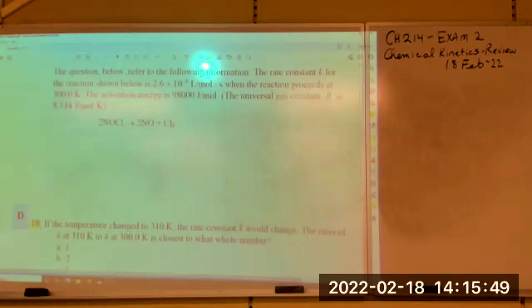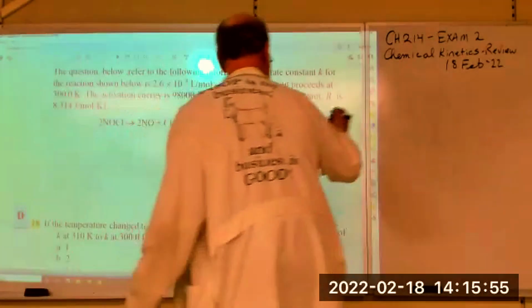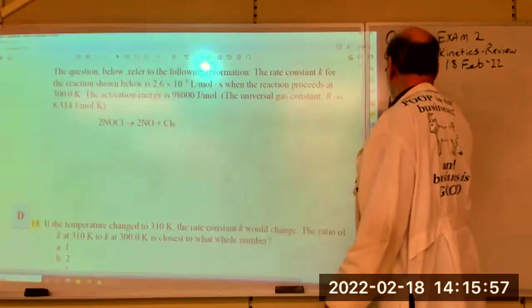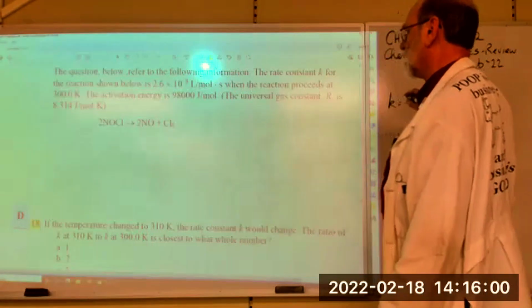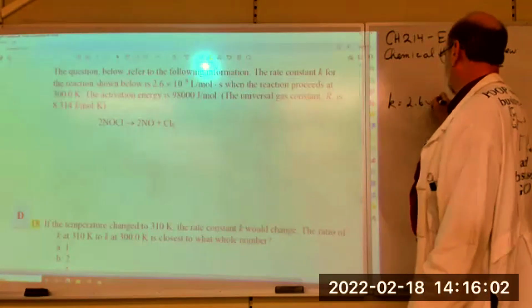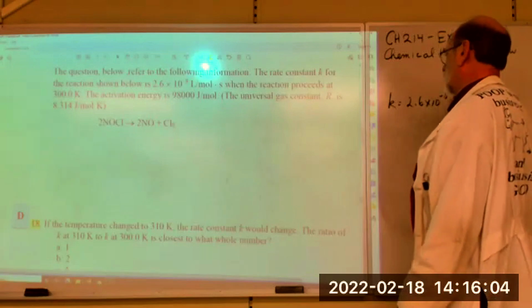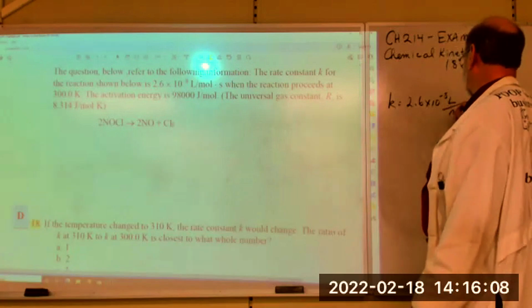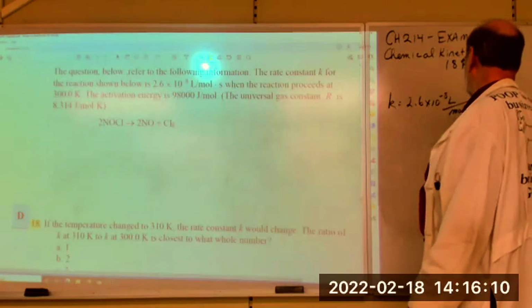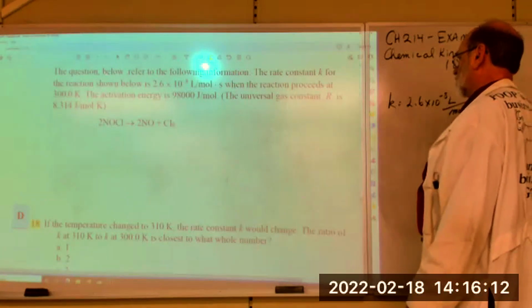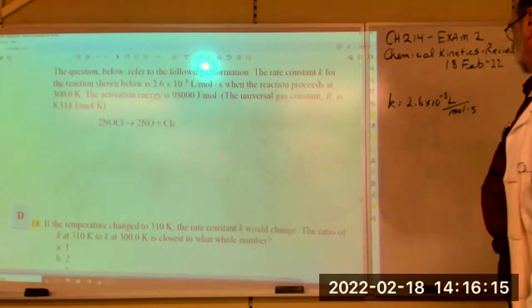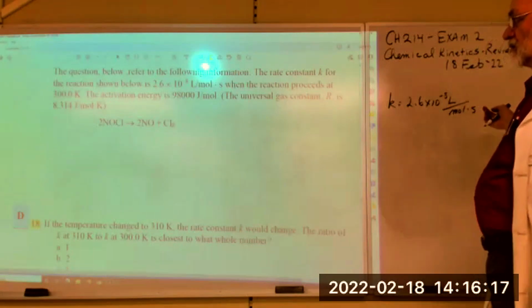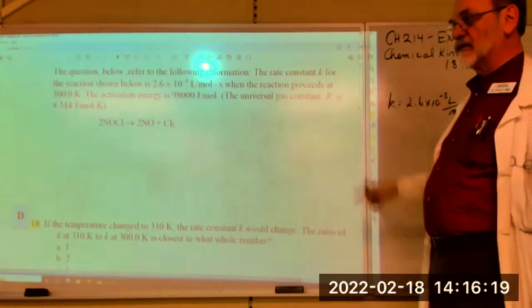The rate constant K for the reaction shown below is 2.6 times 10 to the minus 8 liters per mole second. That tells me it's probably inverse. So I bet this is second order.